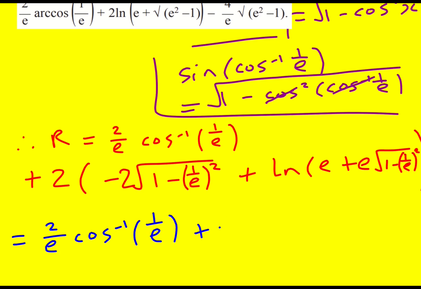So I'm clearly going to get this 2 ln e plus. Right, now when I times through by e, this bit here is going to be the square root of e squared. When I bring it into the square root, I have to square it: 1 minus 1 over e squared.